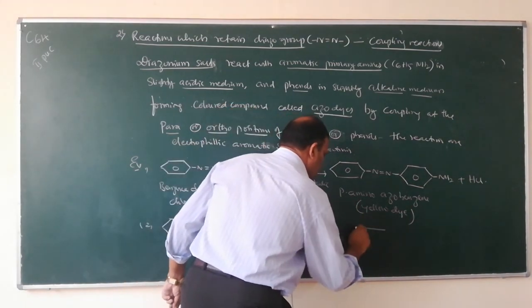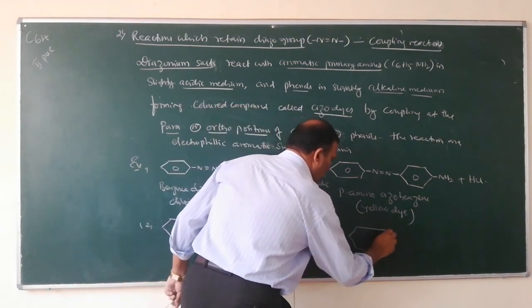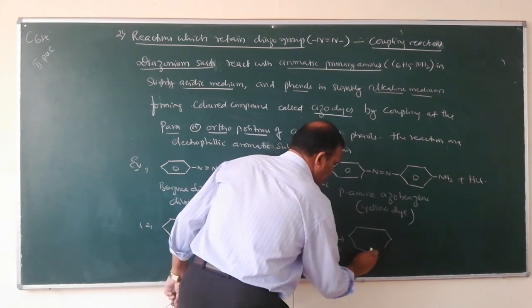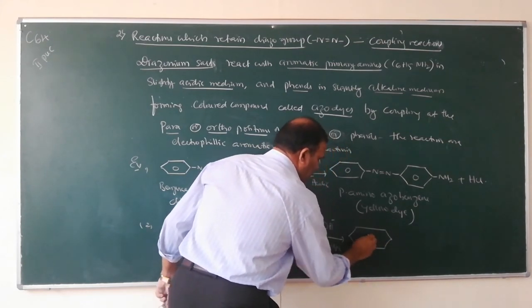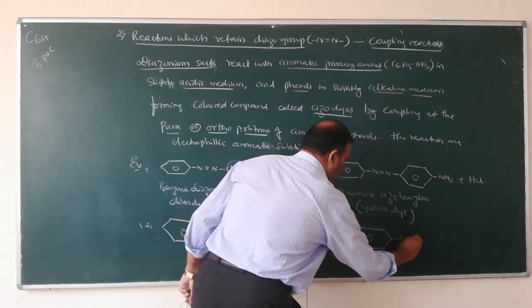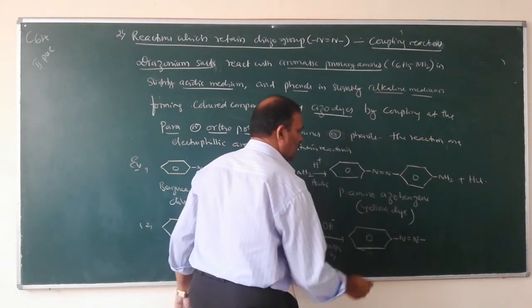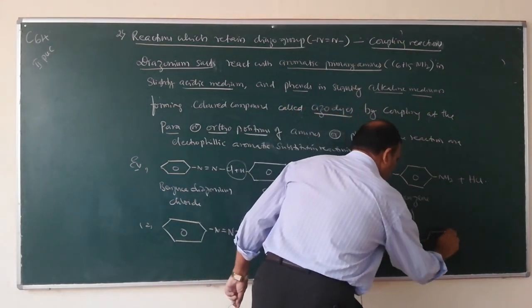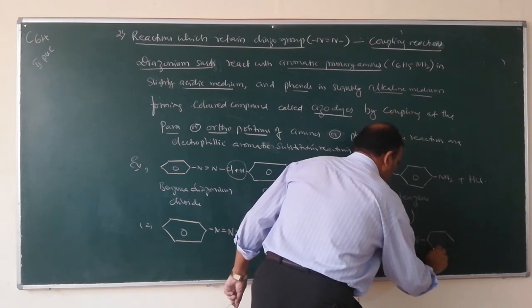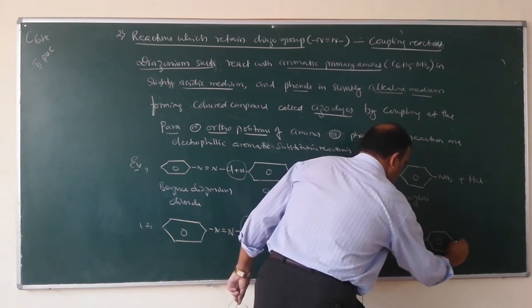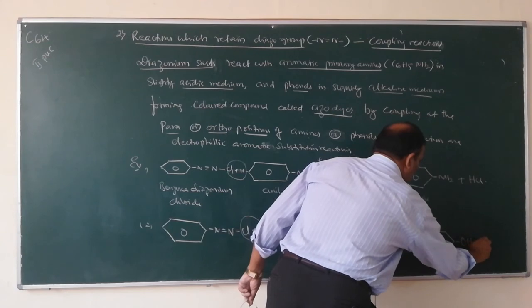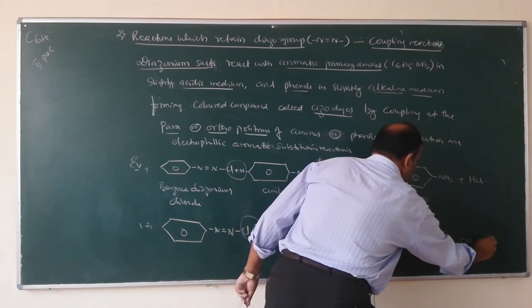The two benzene rings are joined through N double bond N, with OH, plus HCl.